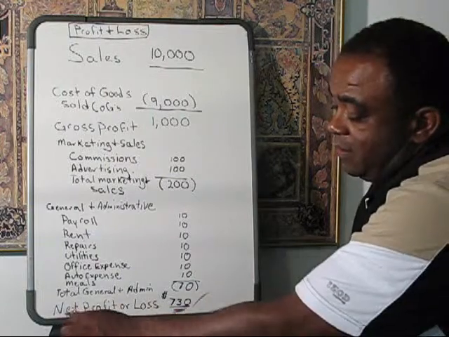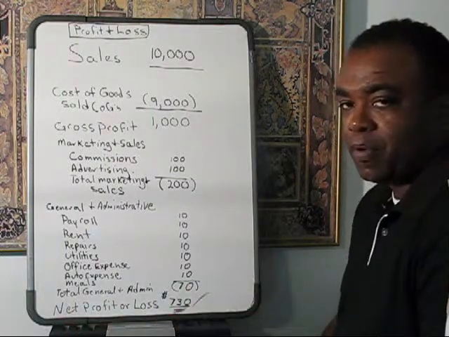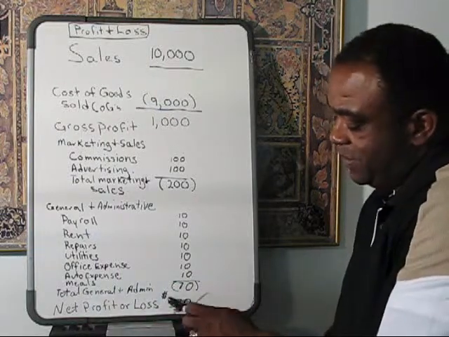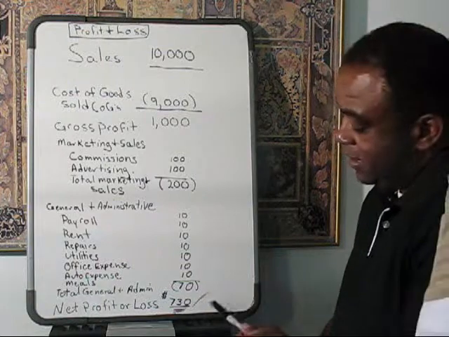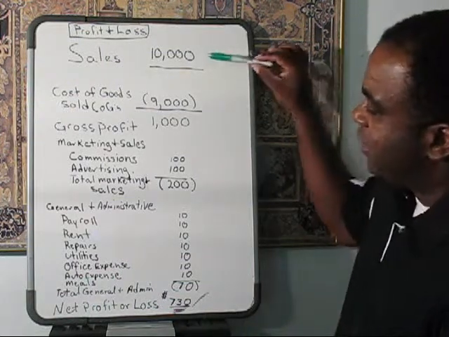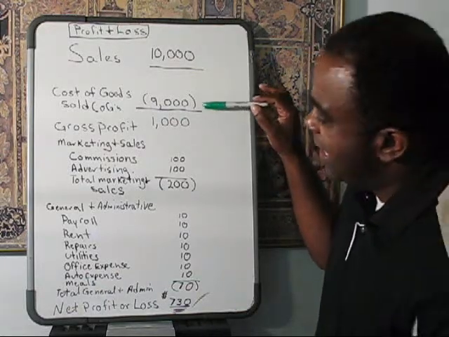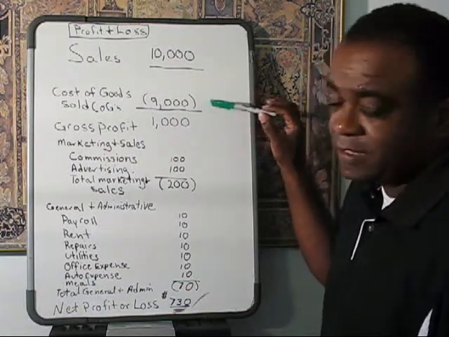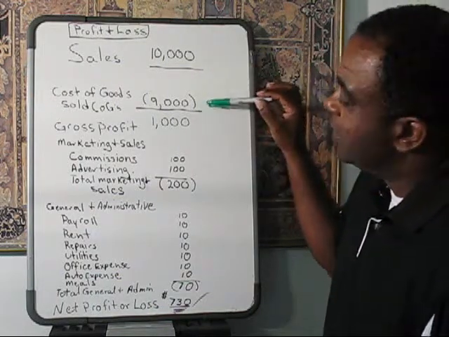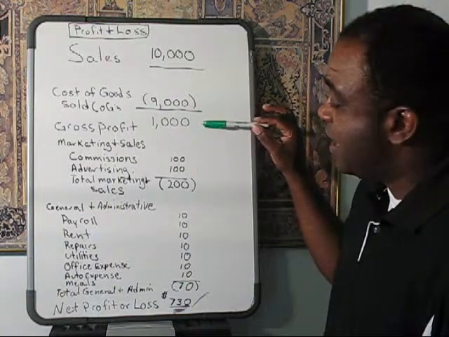Now that leads us to this number, the net profit, okay? Notice it says net profit or loss, because if this had brackets around it, then that would mean that you lost money. But as it stands right now, you had total sales of $10,000. You had cost of goods sold, that's expenses that must be incurred in order to get your sales, of $9,000, leaving a gross profit of $1,000.